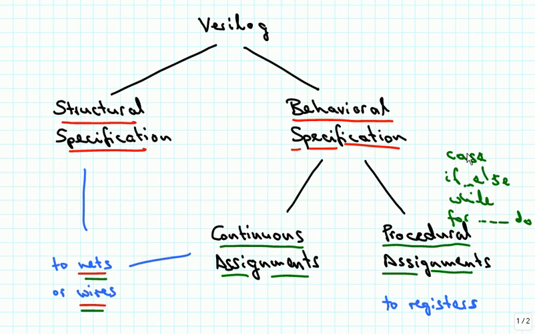We specify it on the basis of if a particular input is changing, then go and look through this procedural assignment and check if the if-else, for example, needs to be evaluated in a particular way. So this only gets evaluated when something changes, and the output then needs to be stored somewhere. And so this doesn't go to wires or nets, this goes to registers.